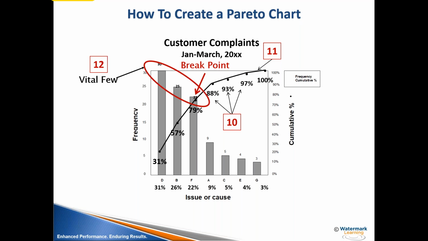What that means is that those are the vital few, as they like to call them, that you want to focus on for solving. Those trivial many off to the right, the 80%, are things that you can either live with or prioritize and deal with later after you've gotten the vital few solved. It's a wonderful way to focus in on the most important things, and I like using this for prioritizing of work to be done.